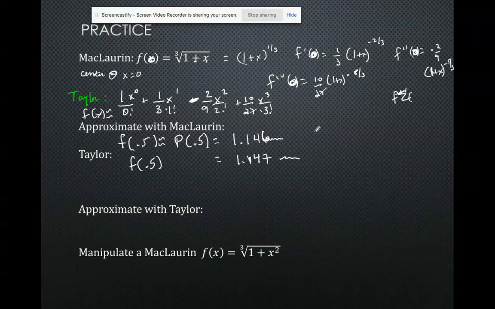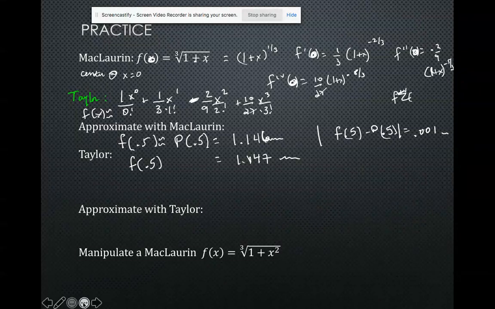If I took the absolute value of the difference, it's 0.001, blah, blah, blah. Very small error in using 4 terms of the polynomial to approximate that function. Pretty good.